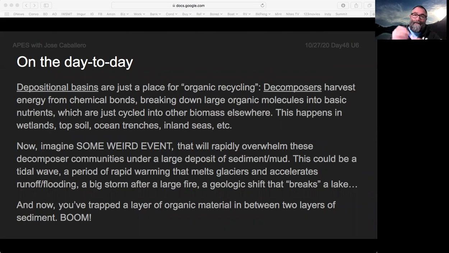So if this was an organic compound, a decomposer would break that up to release the energy from that compound. That's stored chemical energy. So the decomposer will digest and eat that, and then all these little pieces will be left over.